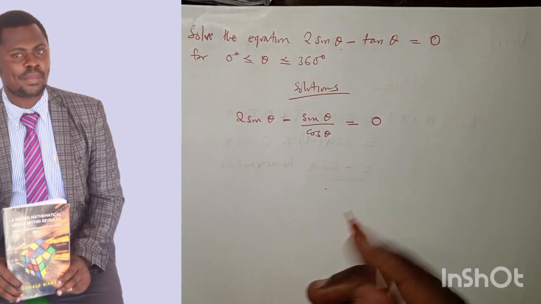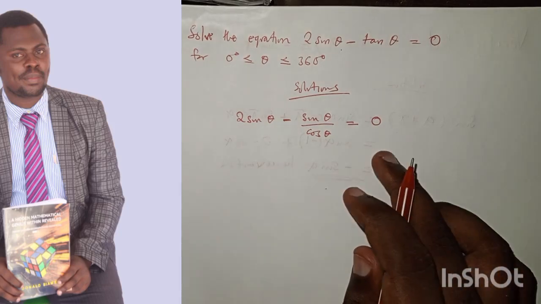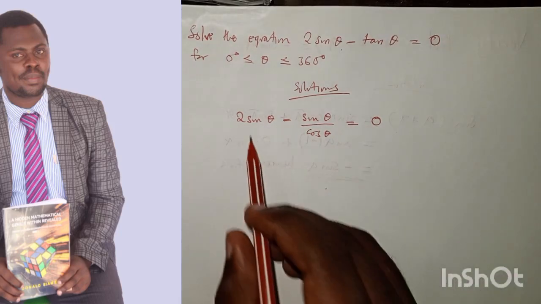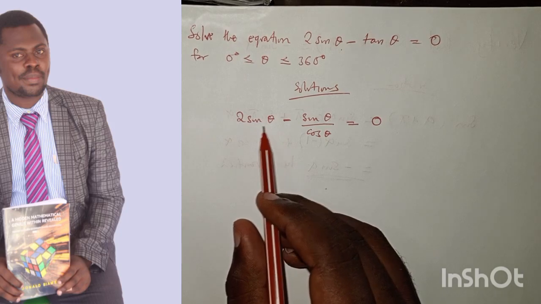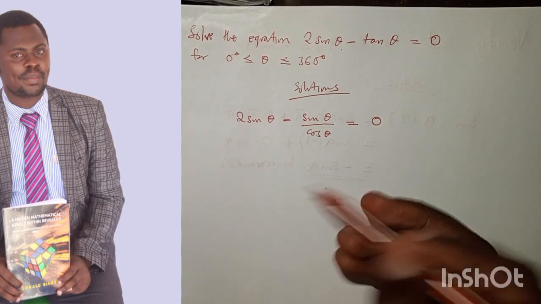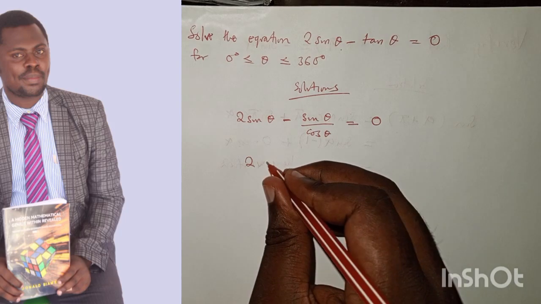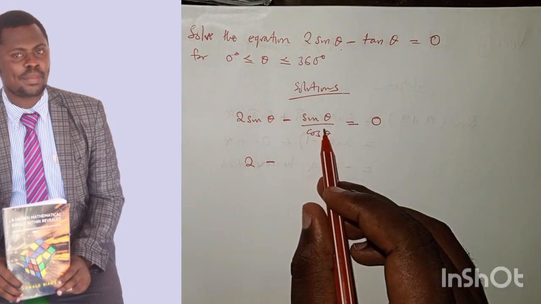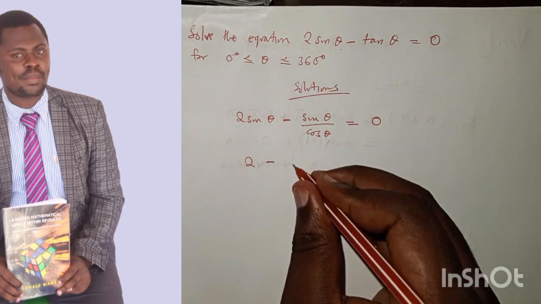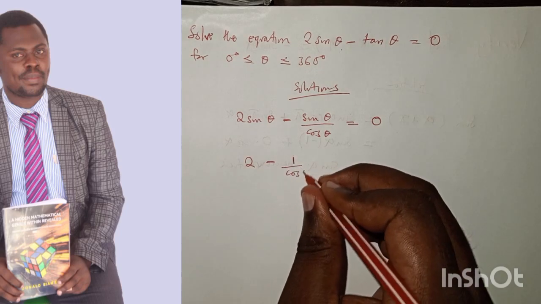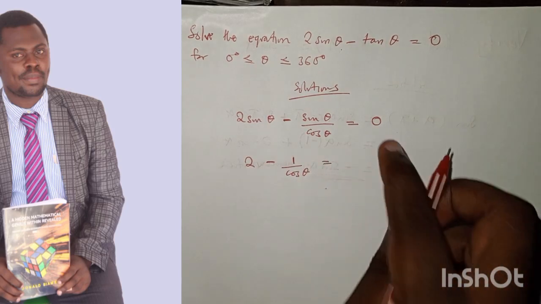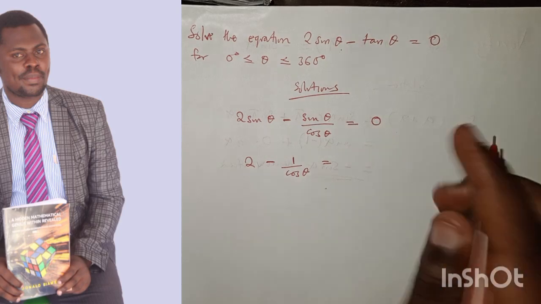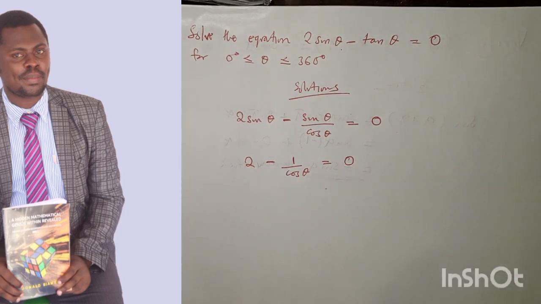If you divide sine theta here, 2 sine theta divided by sine theta will remain with 2, minus, if you divide out sine theta there, we are going to have 1 over cos theta, is equal to 0 divided by sine theta. It will be just 0, since 0 divided by any number is just 0.